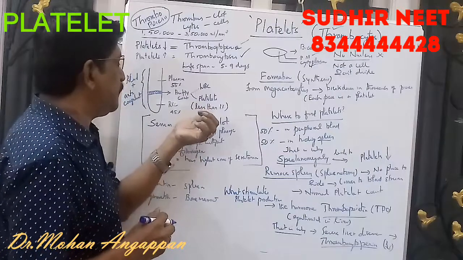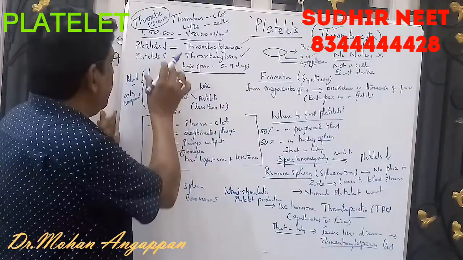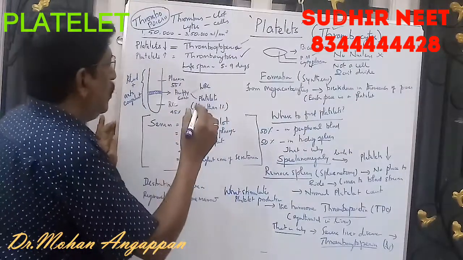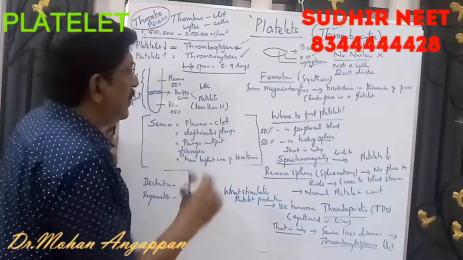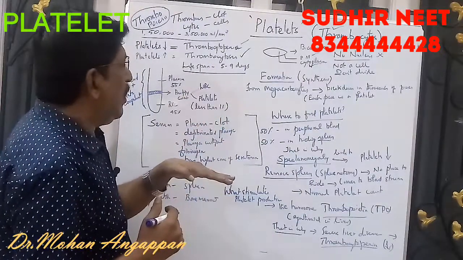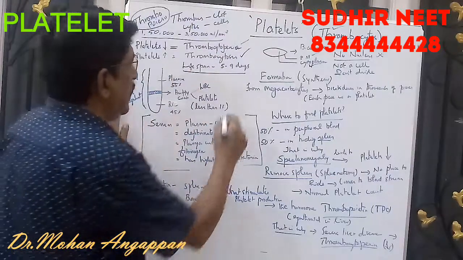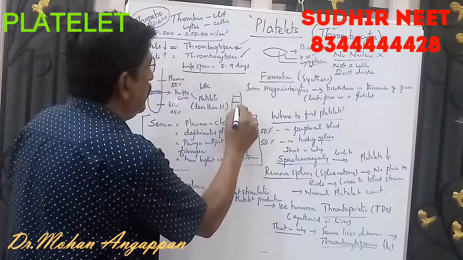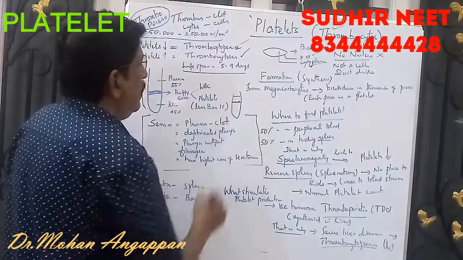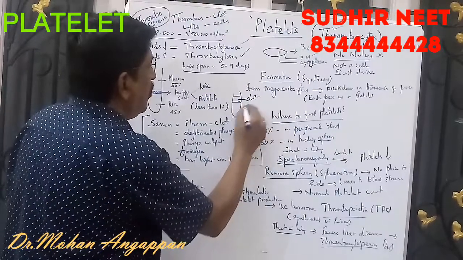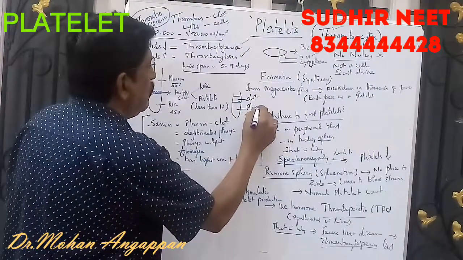It's very important. If we take the blood in a test tube and allow it to clot, what will happen? The upper part will be the clot and the lower part will be plasma.